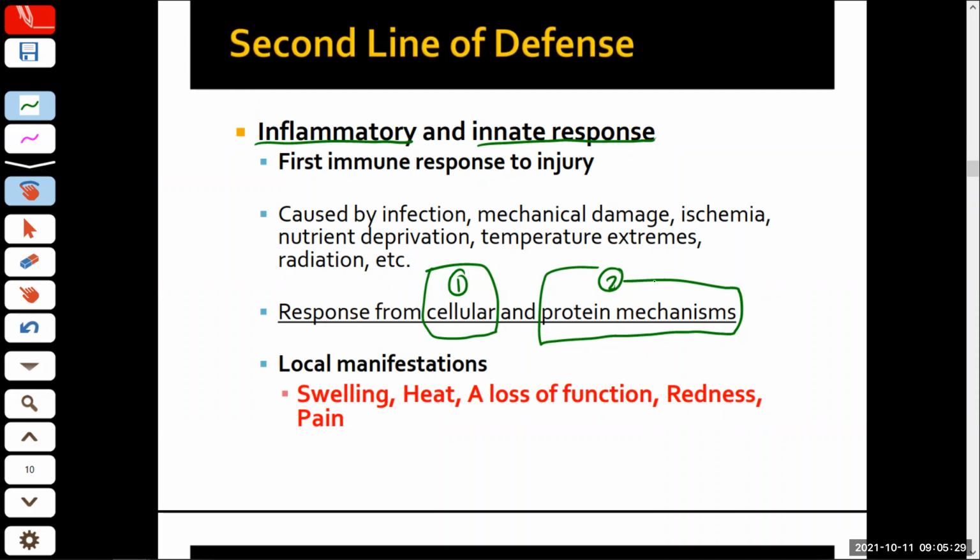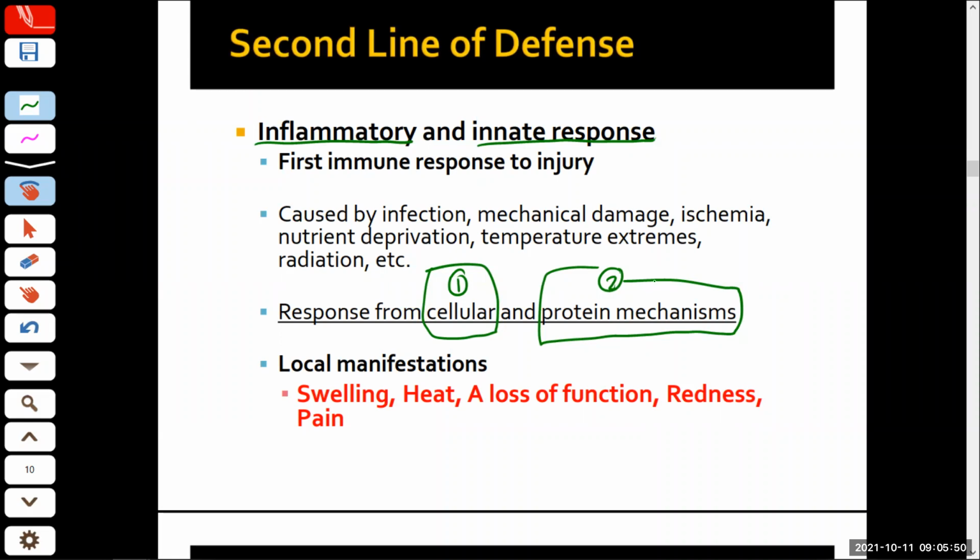For local manifestations of inflammation, heads up, I use manifestations, signs, and symptoms interchangeably. Lindsay's gonna be a little bit more particular about which one is which. I don't care, I just call everything a symptom. Just heads up. I will not test you between the different types.